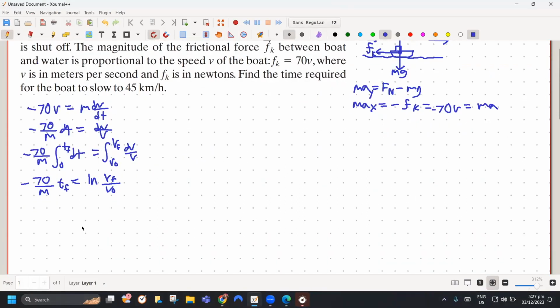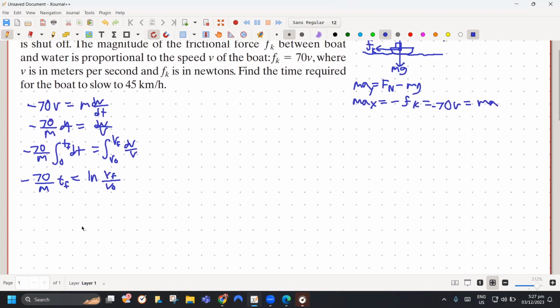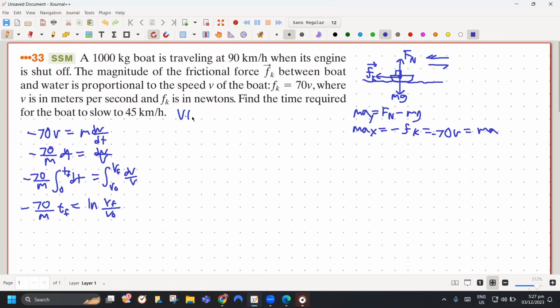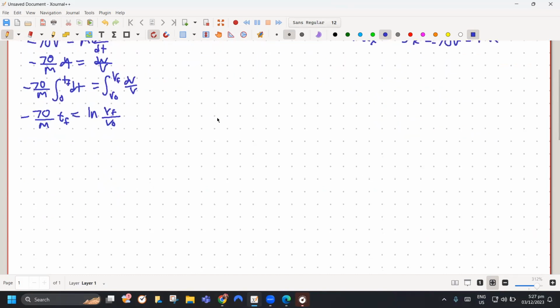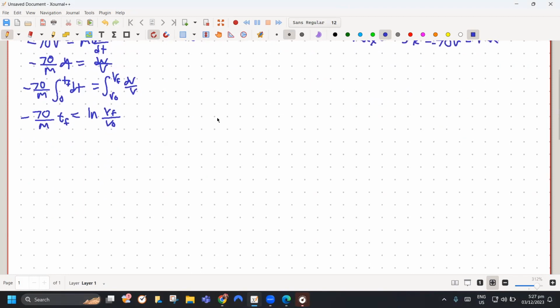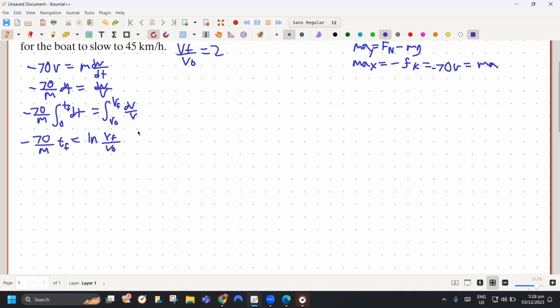Tama. Okay. So ngayon, substitute na or isolate T sub F. Bakit ln of 2?